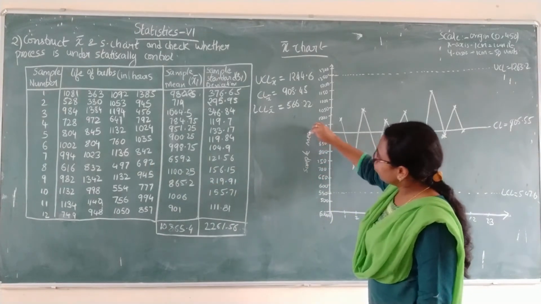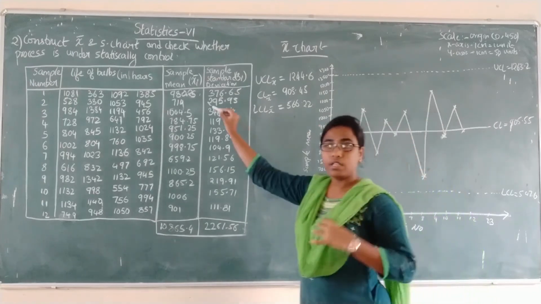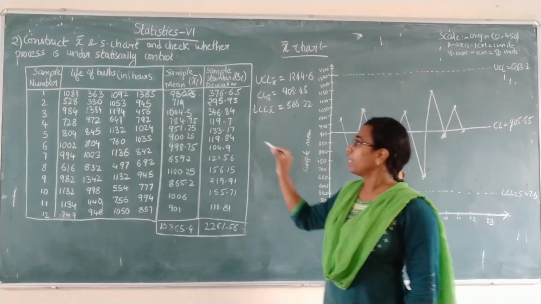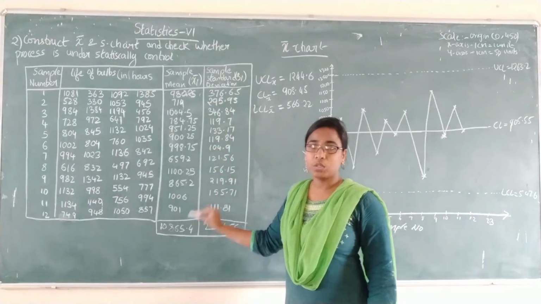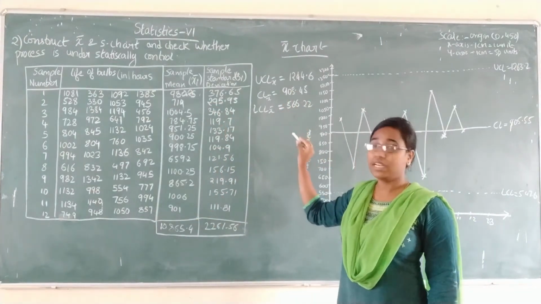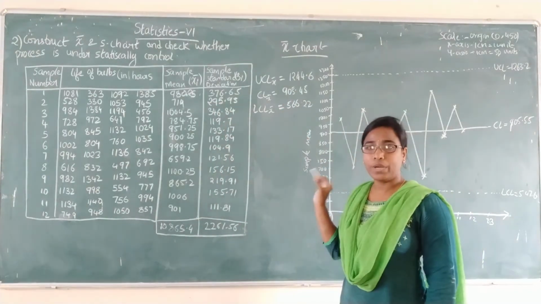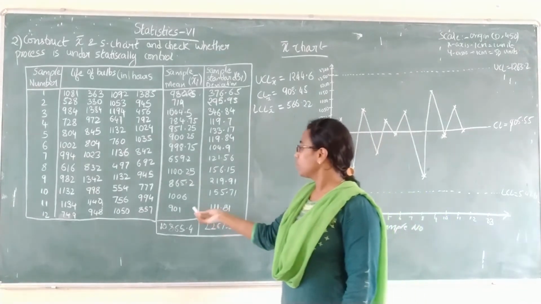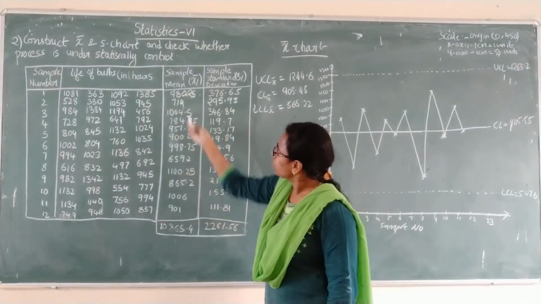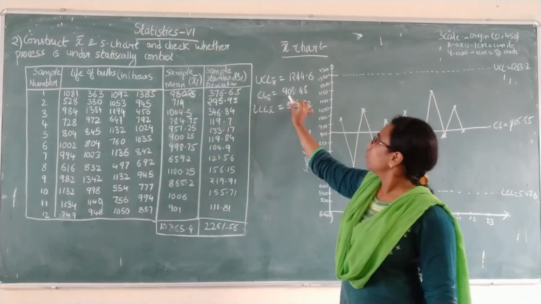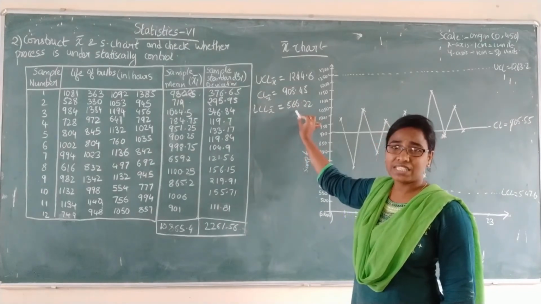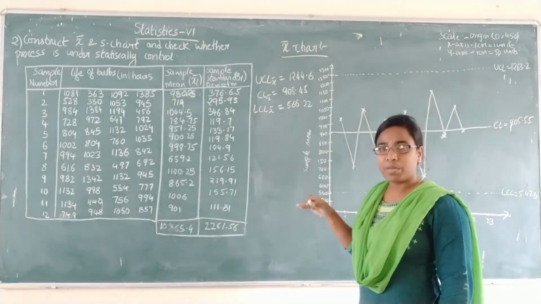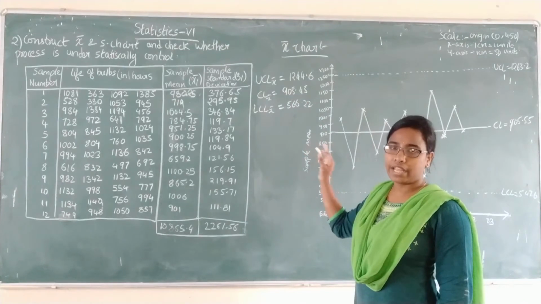On the y-axis we will be plotting the sample mean values and the UCL and LCL values, right? So this scale should be taken very carefully. In this, the least value is 700 and the LCL value is 566. So your values may start from around 500.